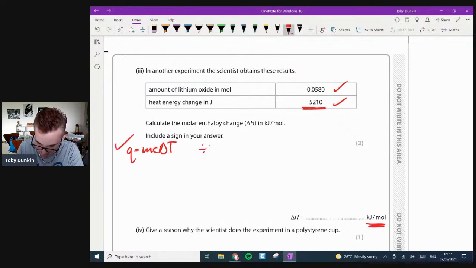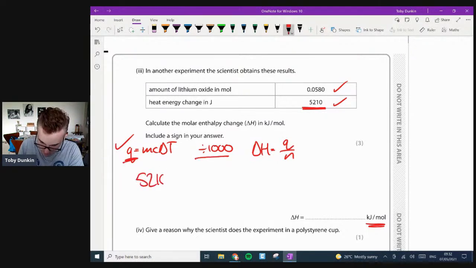We then divide by 1,000, followed by delta H equals Q over n. 3 steps in these equations usually, and they've broken it up. It's quite nice of them. They've given us the value of Q, so we're into step number 2 first. So 5,210 divided by 1,000 equals, I know it's stupid, I know that it's 5.21, but I'm doing it on my calculator anyway, because I'm all about consistency.